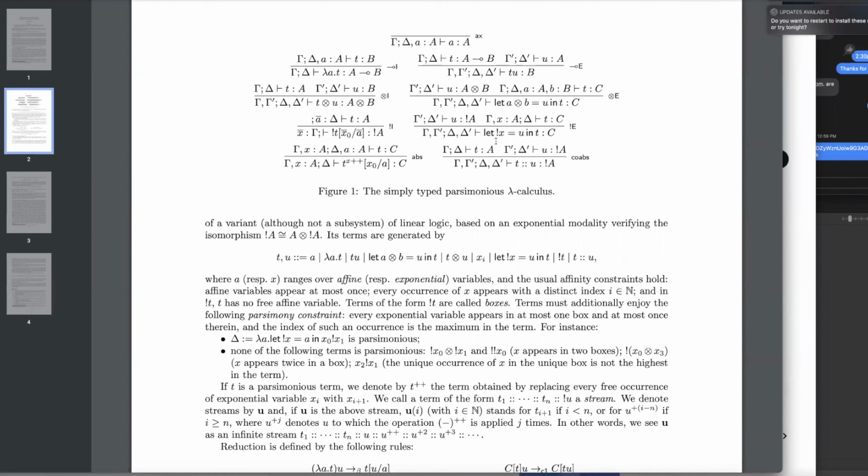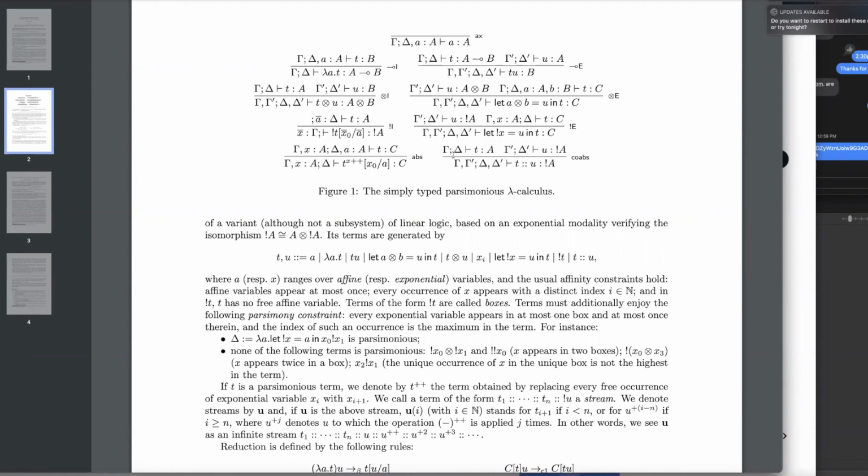So that's the idea. And then over here, let's start over here. So gamma and delta give us that T is of type A. Gamma prime and delta prime give us that U is of type bang A. Oh, I see.